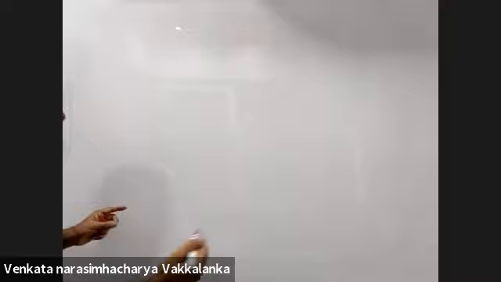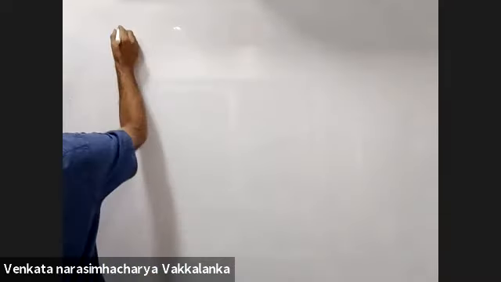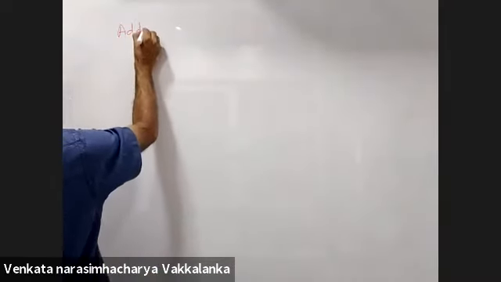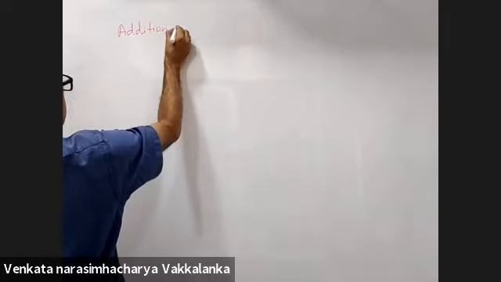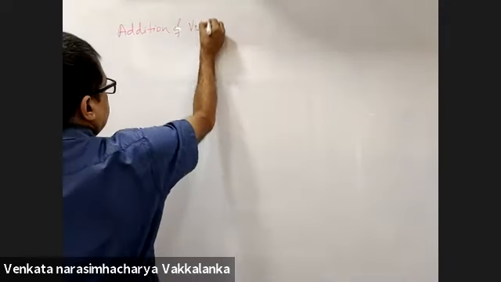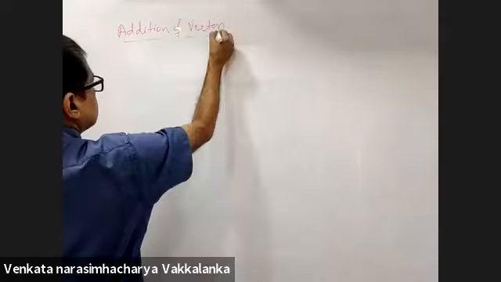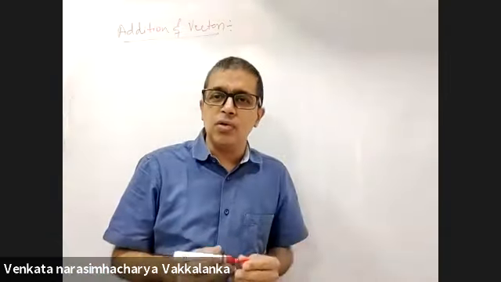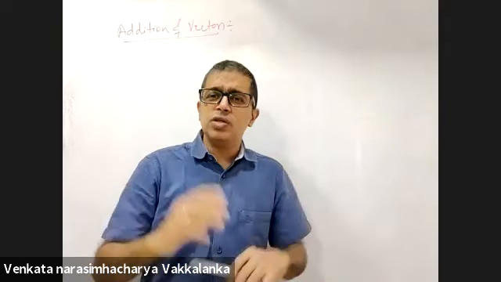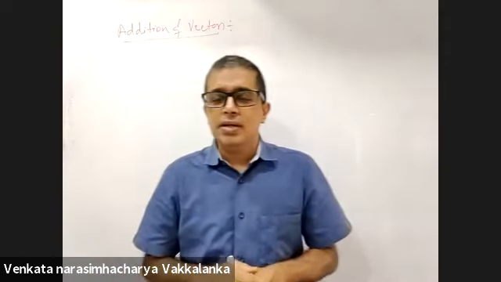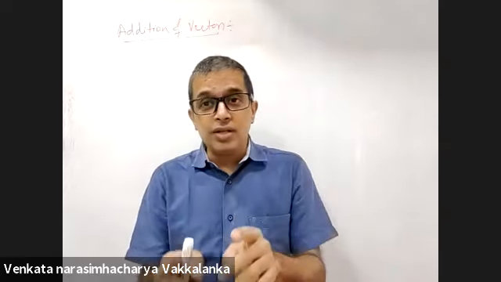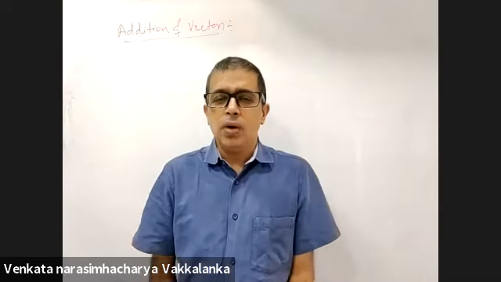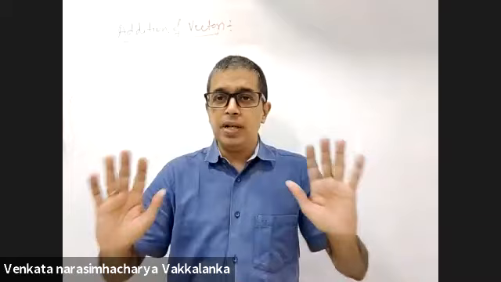Now comes the first mathematical calculation of vectors, addition of vectors. Till now 2 plus 2 was always 4, 2 plus 3 was always 5. Hereafter we'll ask you what is the direction. Why? Simple.